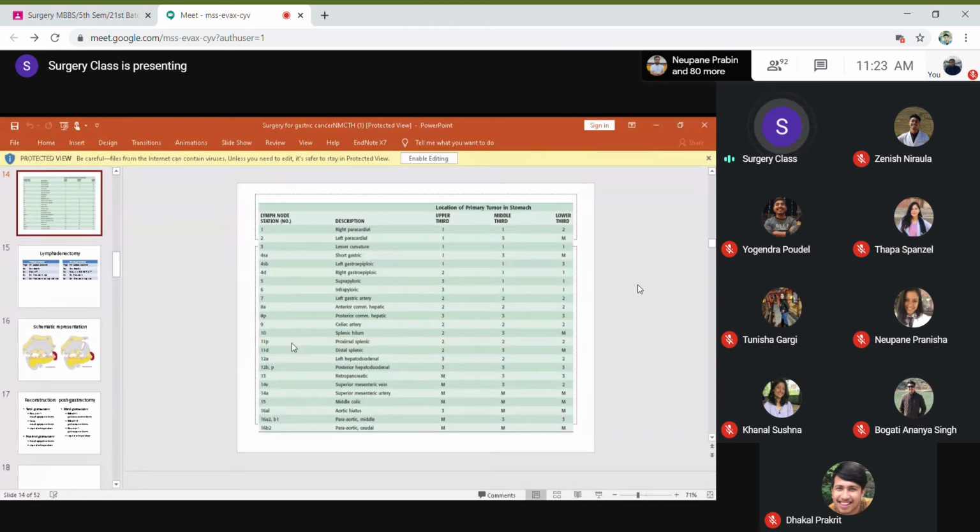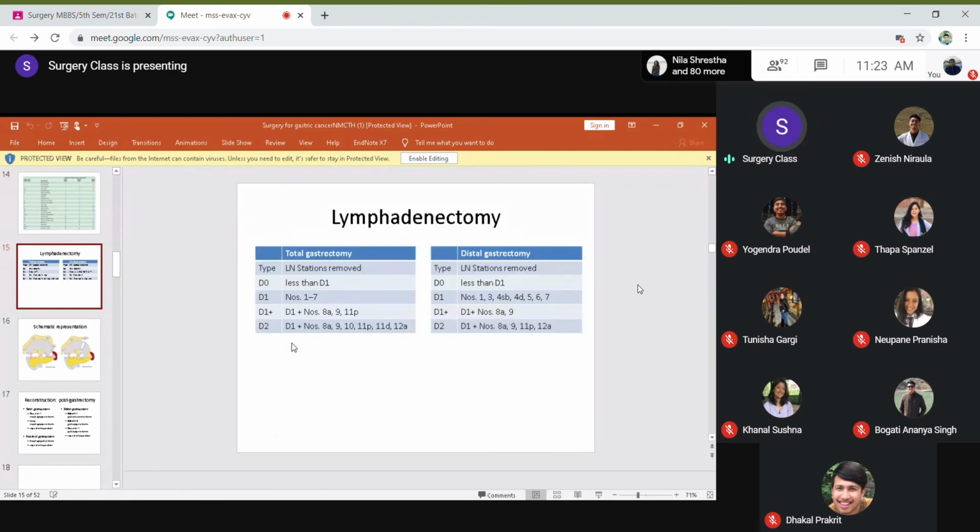So when you talk about D2, for total gastrectomy different lymph nodes are removed, and for the distal gastrectomy, different lymph nodes. So you should say that I'll do a D2 gastrectomy.